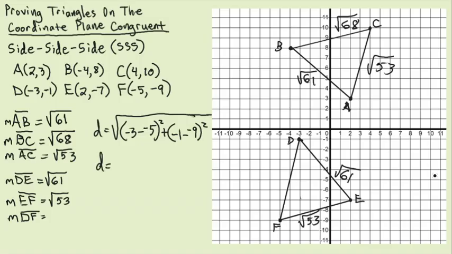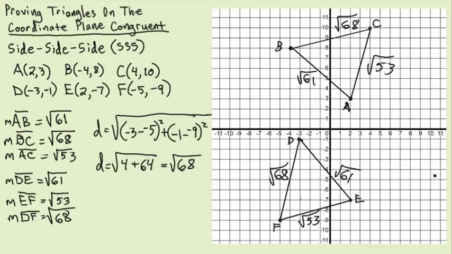So the distance is the square root of -3 plus 5, because minus -5 is +5, is 2 squared is 4, plus -1 plus 9 is 8. 8 squared is 64, and 64 plus 4 is 68. So we have the square root of 68, which is exactly what we were looking for. That's the same as BC, and so square root of 68.